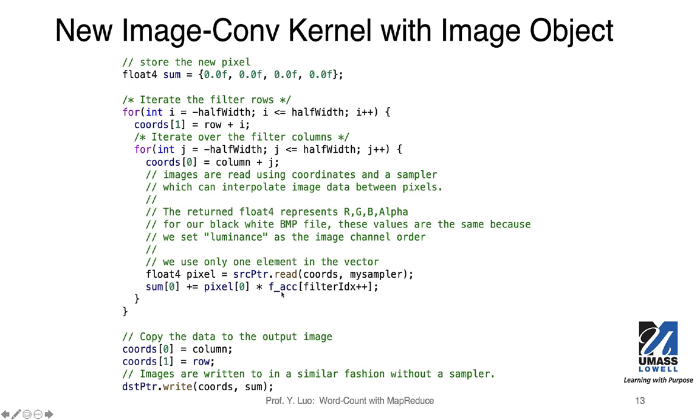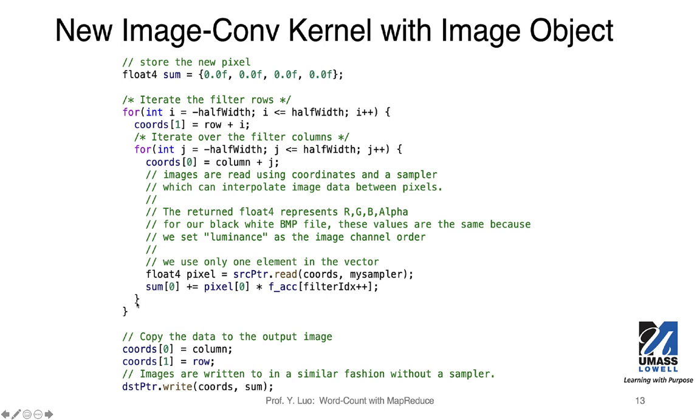Then we can use the filter value in the corresponding location to multiply with the first channel out of this 4-element vector, because in fact all the 4 channels have the same value, and then we accumulate the product to the first element of this vector.